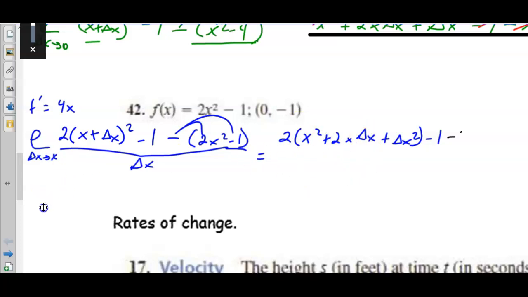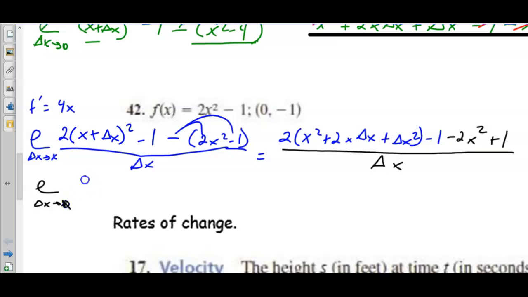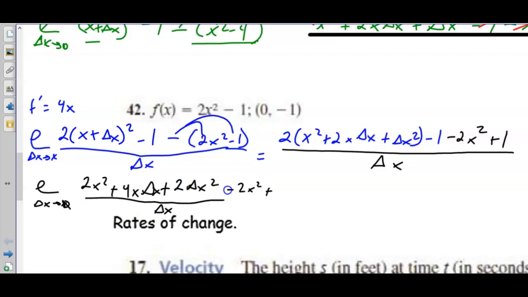So we've got the limit as delta x goes to 0 of 2x squared plus 4x delta x plus 2 delta x squared, all over delta x. Oh, my fault, minus 2x squared plus 1. Anyway, now let's see what cancels out.